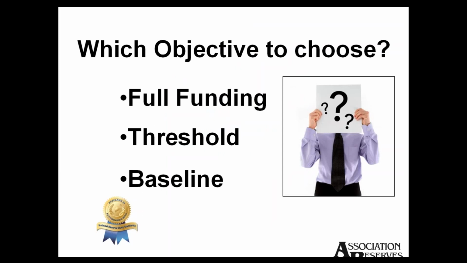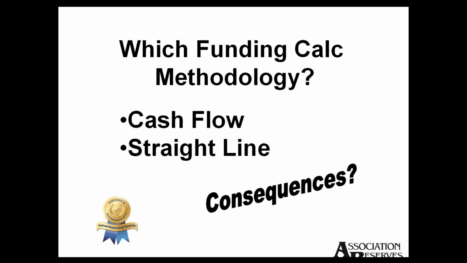We have been talking about National Reserve Study standard concepts, and there's a few other concepts that I want to just touch on. Full funding, threshold funding, baseline funding, those are funding strategies. And there's some other methodology issues.